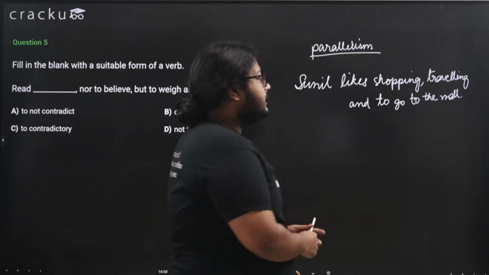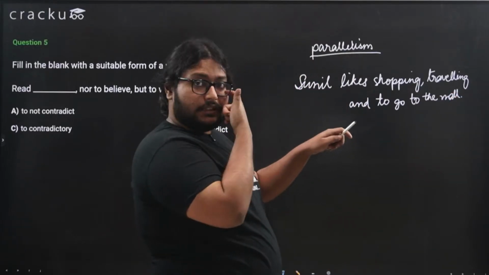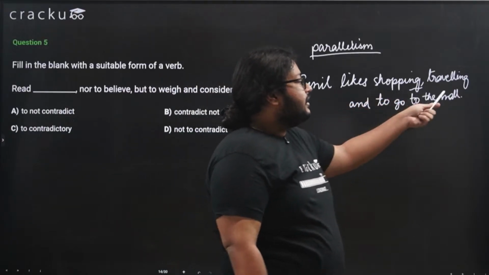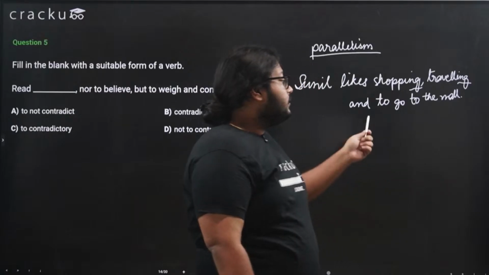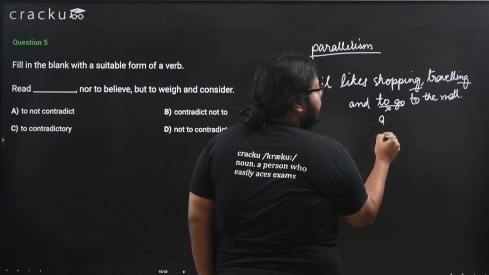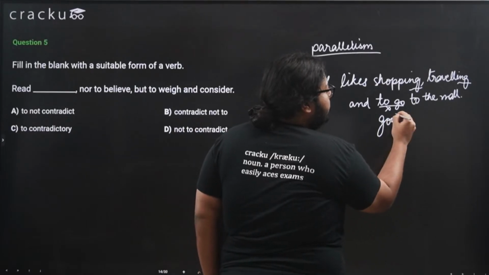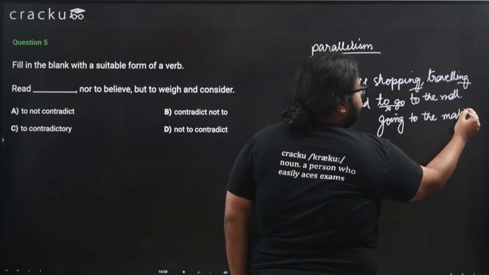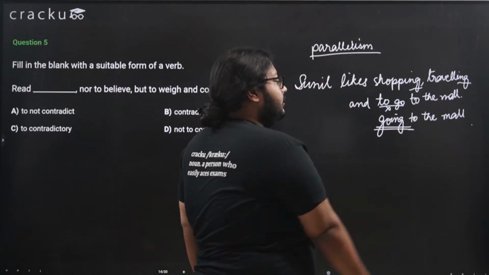because in this case, see, the parallel structure is ruined. Shopping, this is a gerund. Traveling, again a gerund. So we need "and going to the mall." Again we want a gerund.